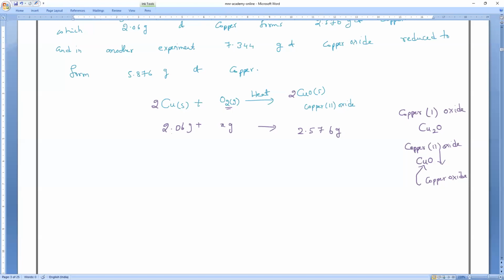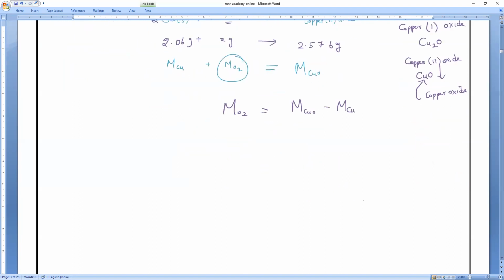So from this you can see, this is the mass of copper, and this is the mass of oxygen, which gives us the mass of copper oxide. Now I want the mass of oxygen. So what is the formula? Mass of oxygen equals mass of copper oxide minus mass of copper.